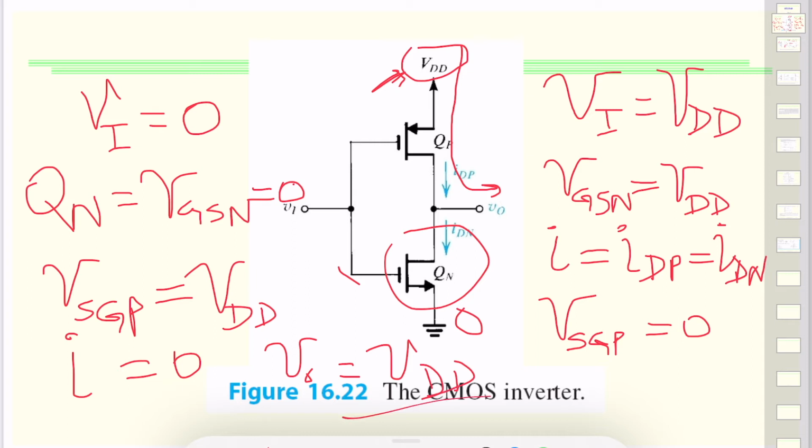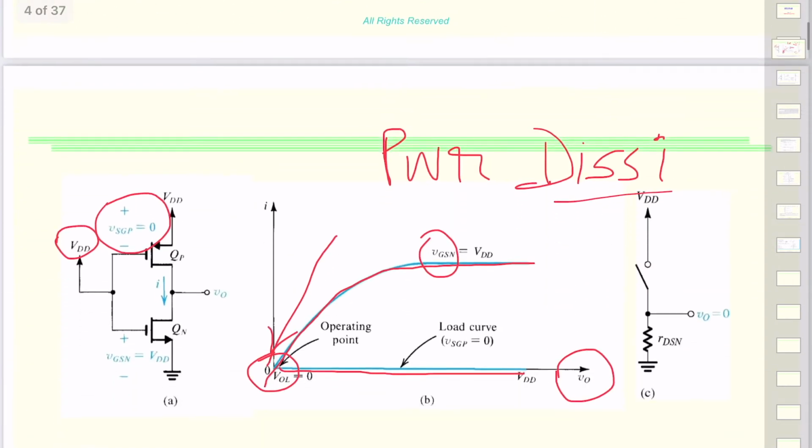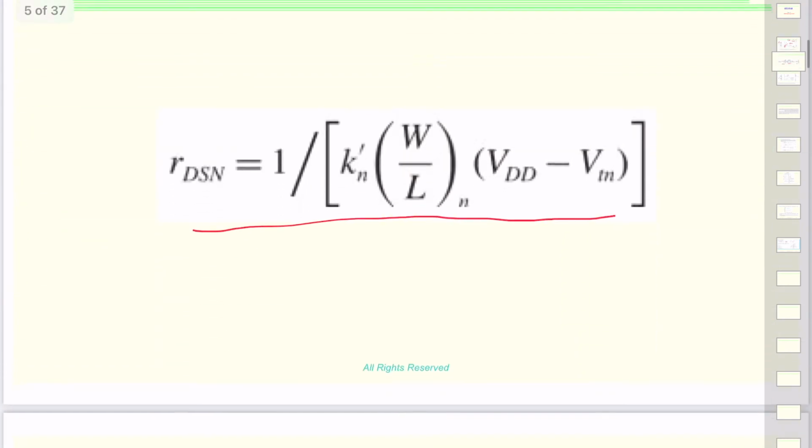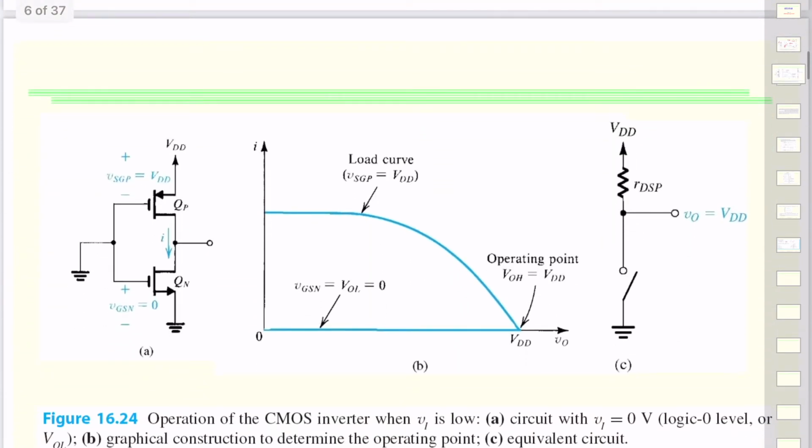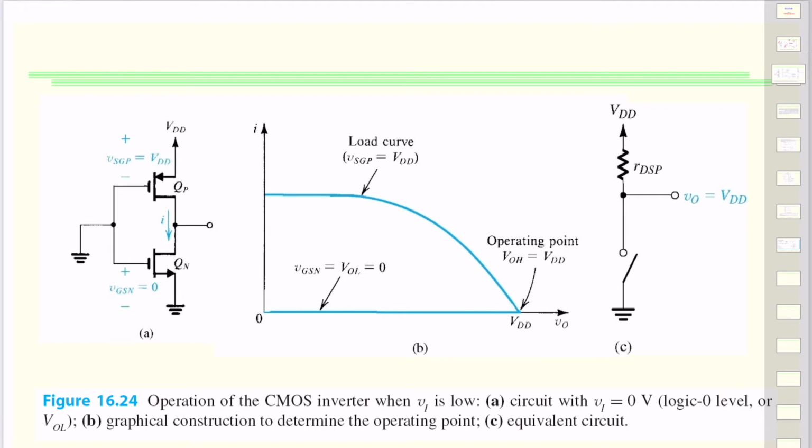Now in this case again, we can draw the circuit with the load lines, and the graphical representation of the operating point for this case is similar to what we saw for the low input.